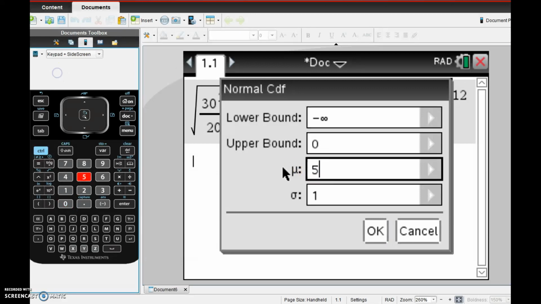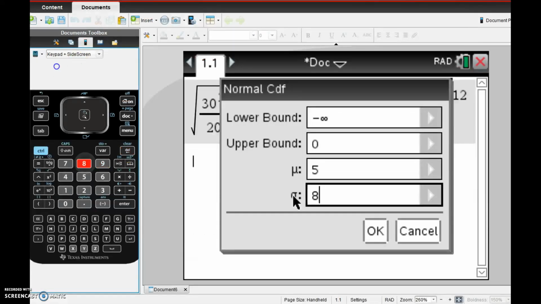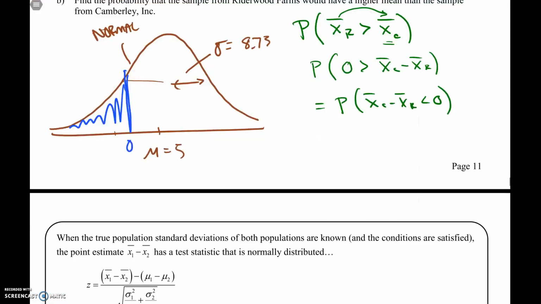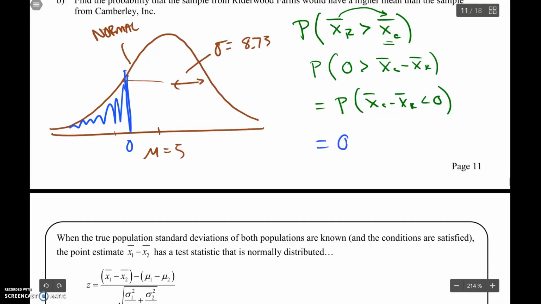Mean was 5, standard deviation was 8.73. Let's put out a guess. I'm going to go with 29%. Oh, I was going to say 28. 0.283. Who needs a calculator, right?